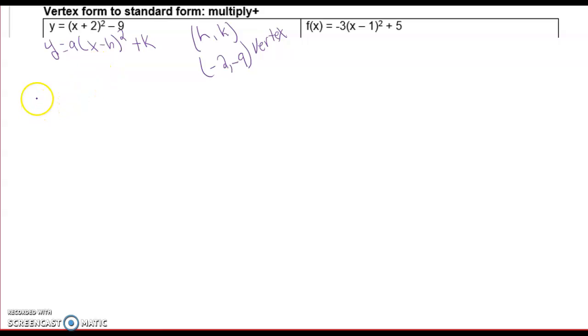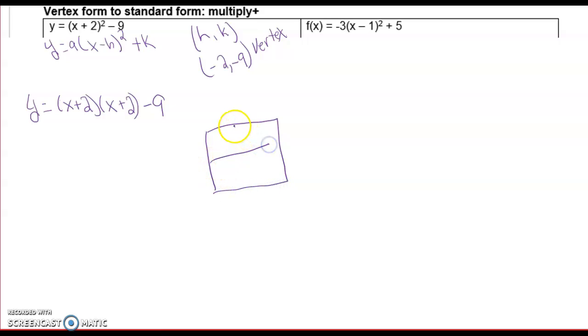They want us to turn it to standard form. Okay, we can do that. First thing we're going to do is expand it. We know that this is x plus 2 times x plus 2. Alrighty, so I'm going to do this in that box right here.